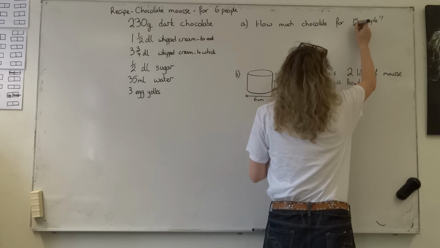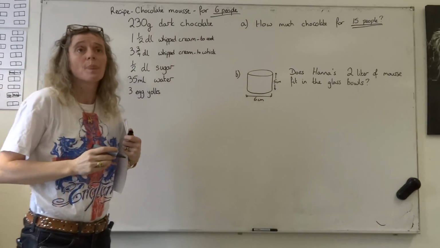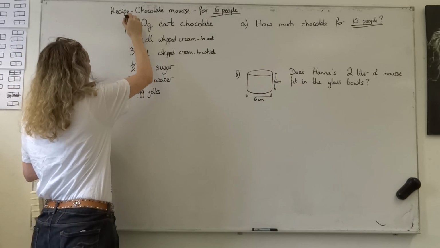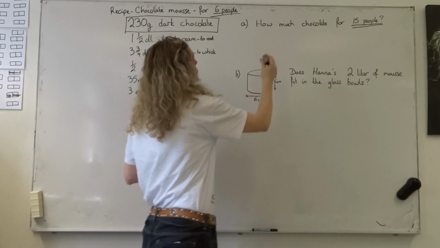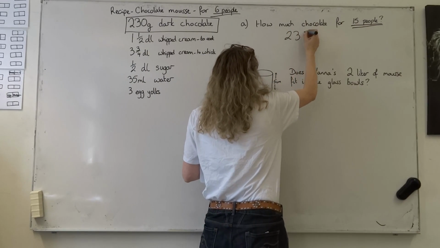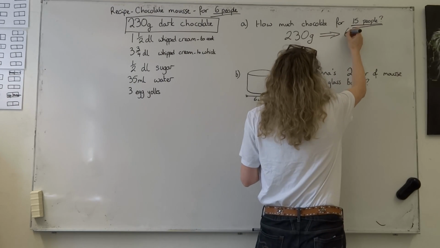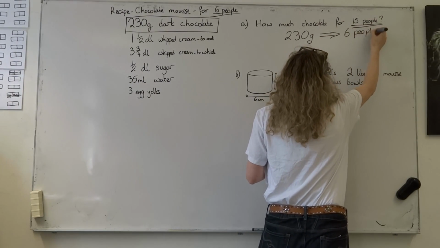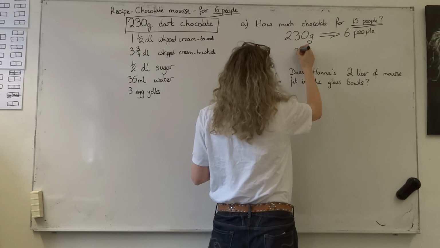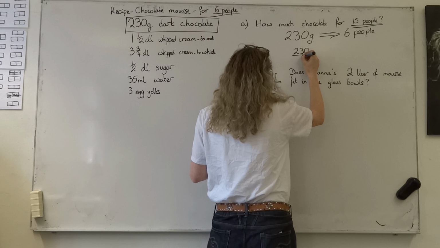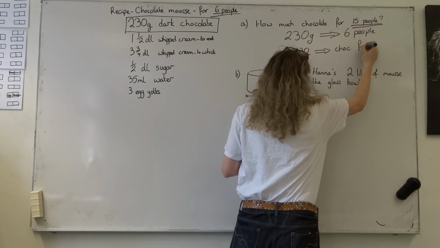So the only things that are interesting here is that the recipe was for 6 people, and you had 230 grams of dark chocolate for 6 people. So what you know is 230 grams was the correct amount for 6 people. Divide both sides by 6, you get how much chocolate for one person. So 230 divided by 6 is the amount of chocolate for one person.